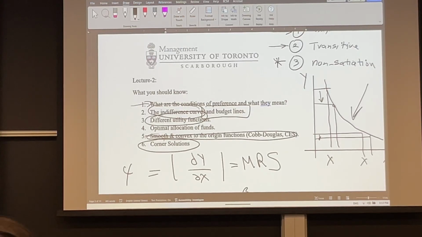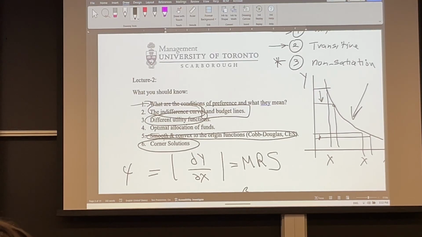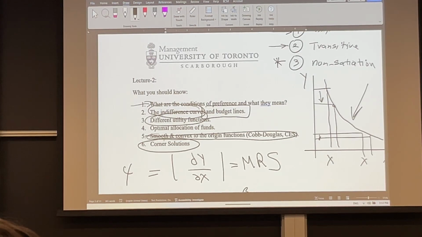It's not going to happen if you have class number 1 functions and the budget line is straight. That's what we assume so far. If you have a non-straight budget line and/or class number 2 or 3 functions, you may end up with it. So I completely ignored it when I did what I did, because we have class number 1, convex smooth to the origin, and we have a straight budget line. It never happened there.